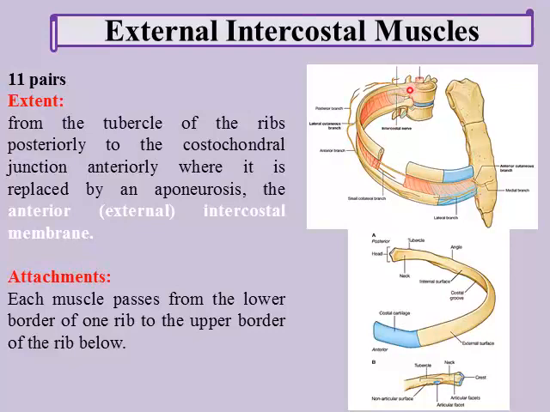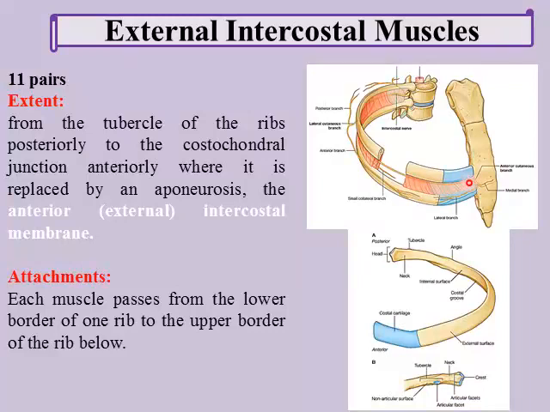So if we follow this muscle, it starts posteriorly from the tubercle, runs in the intercostal space to reach anteriorly. When it reaches the costochondral junction, it changes in its nature, becoming aponeurotic fibers to form a membrane, not fleshy fibers. This membrane is called the anterior intercostal membrane. Okay, this is the extent.